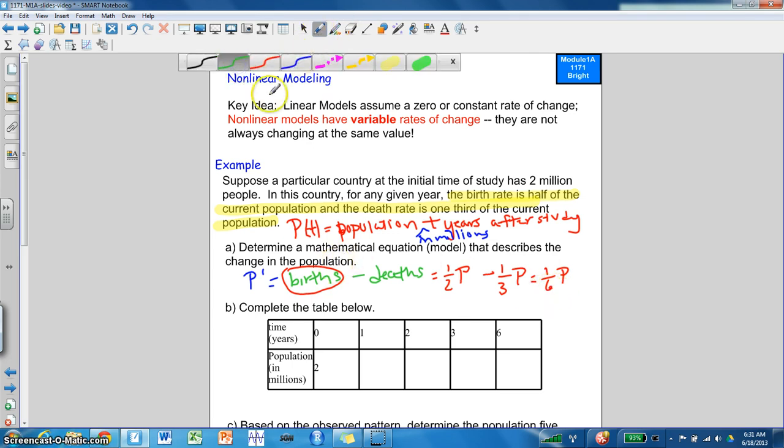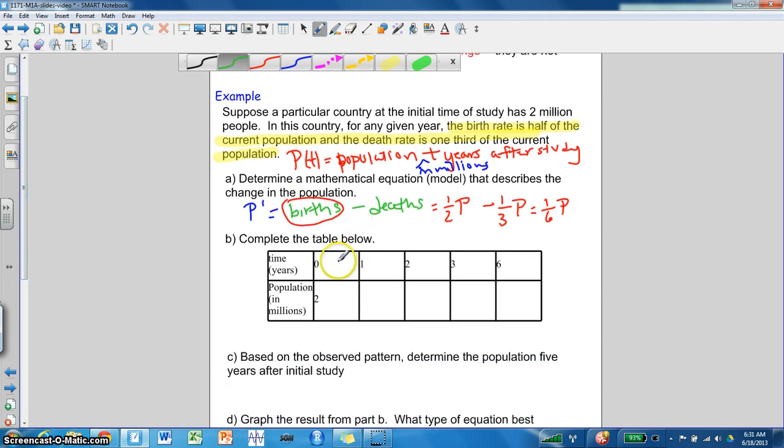Now, in part B, it says complete the table below. We're given time at 0, 1, 2, 3, and 6 years that we have to determine. Well, at 0, it's 2 million people. Now, at time 1, that means after the first year, we want to determine what the population is. Well, we know how the population changes.